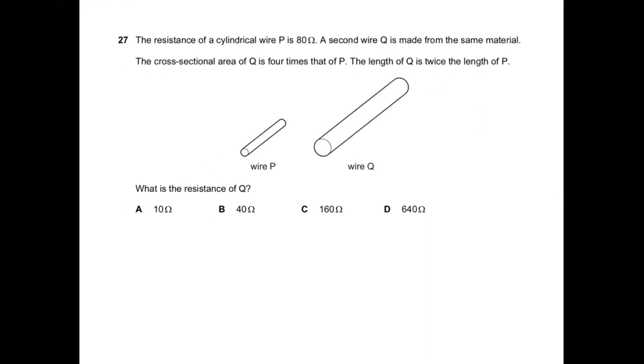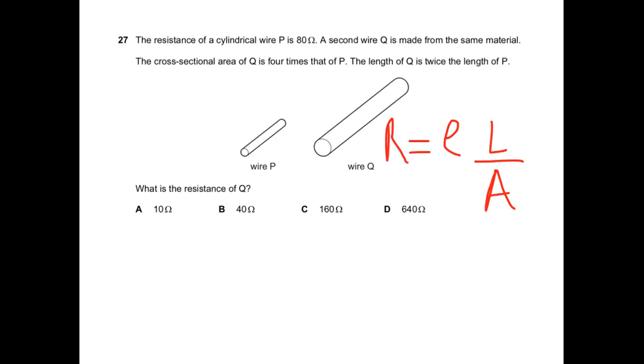The cross-sectional area of Q is 4 times that of P. The length of Q is twice the length of P. So the formula for resistance is R equals rho L over A. Rho is resistivity and it depends on the material. As the material is the same, rho will remain the same.